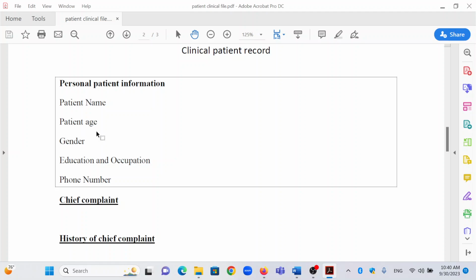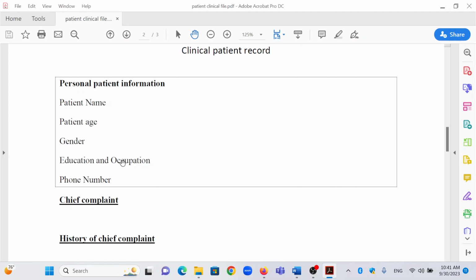For example, in children, we have different diseases, we have different problems for elderly patients, also for middle-aged patients as well. Also, there are some gender-related issues that also should be clear in the patient record.